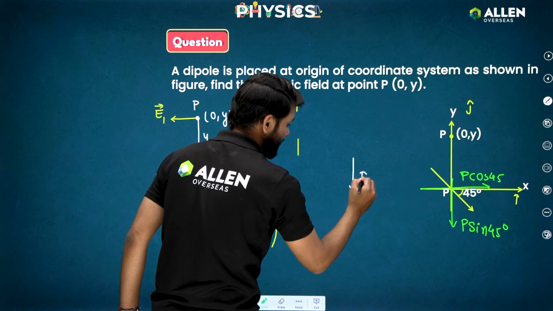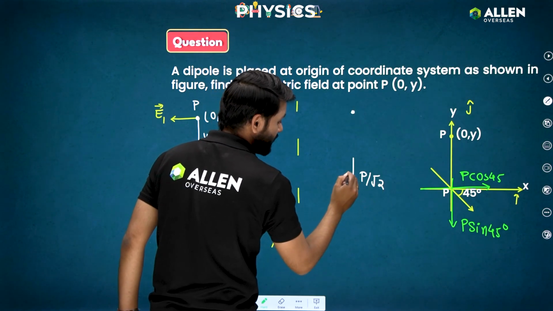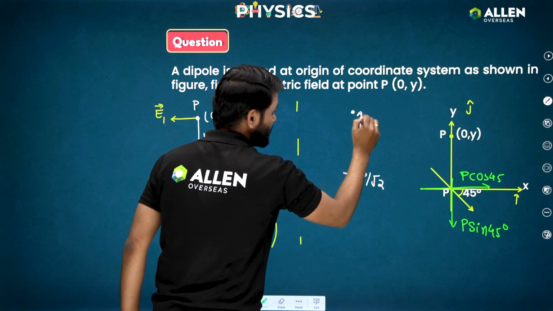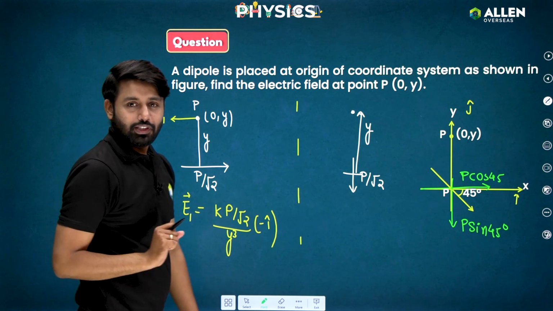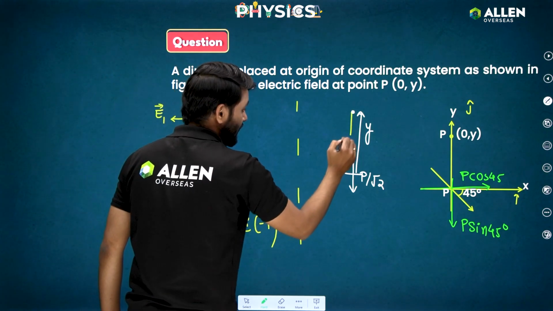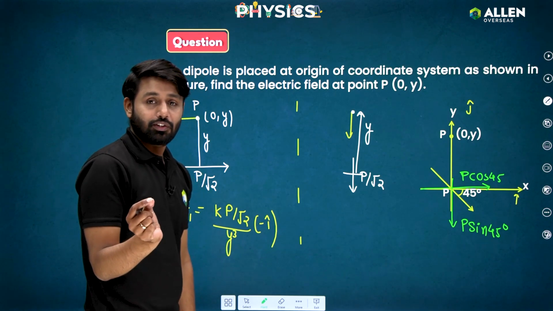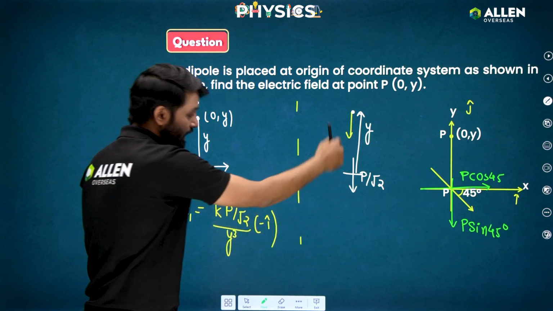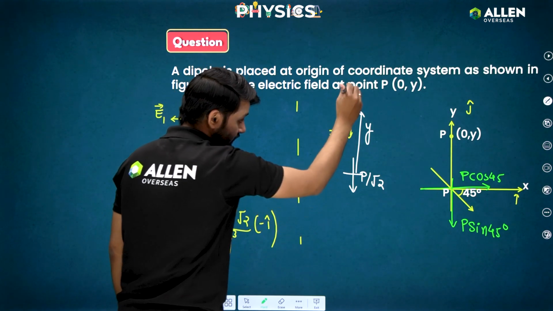Is that clear? For the second part, you can see here your dipole is like this, P by root 2, and this is at y separation from this point. This separation is y, and this is on the axis. The direction of electric field due to dipole on the axis is always in the direction of electric dipole moment. So electric dipole moment is in this direction, so electric field, which I am naming E2, is in this direction.